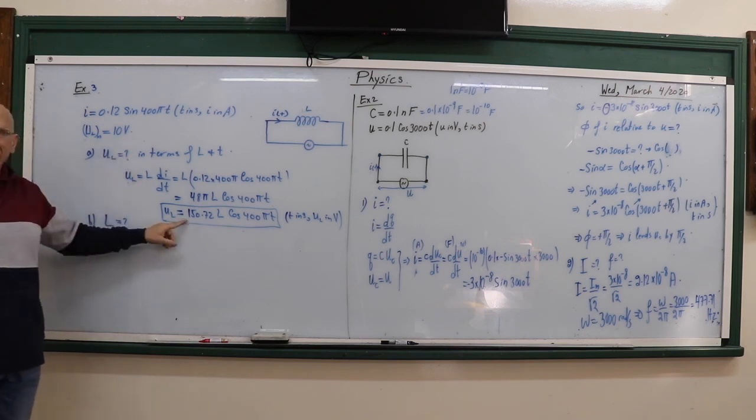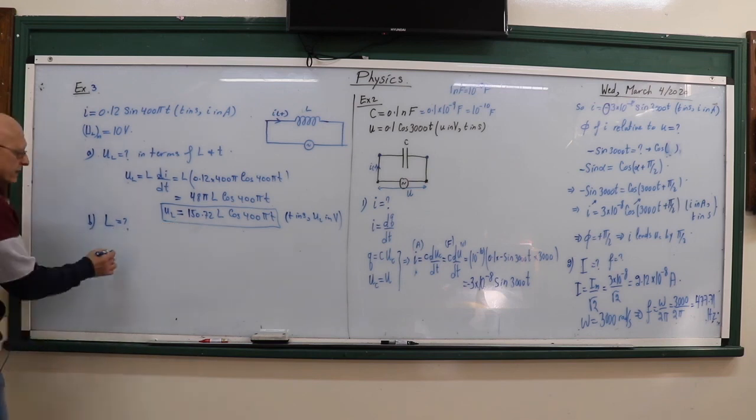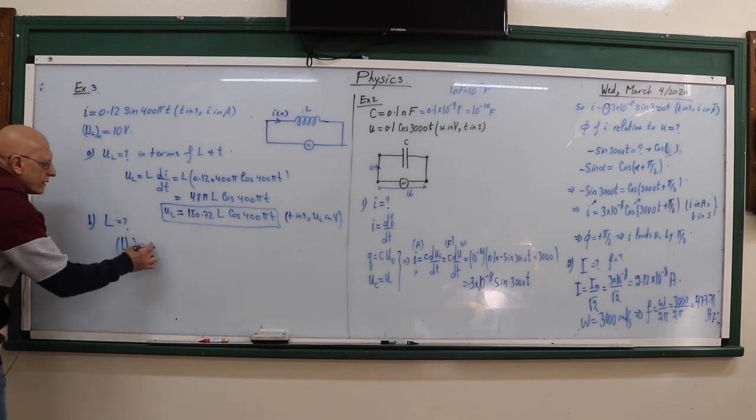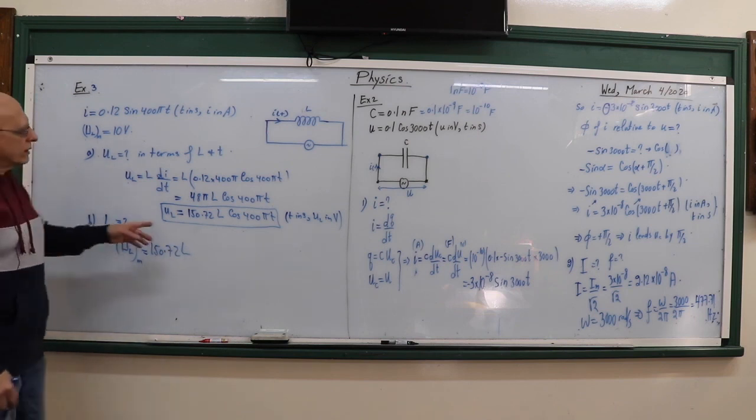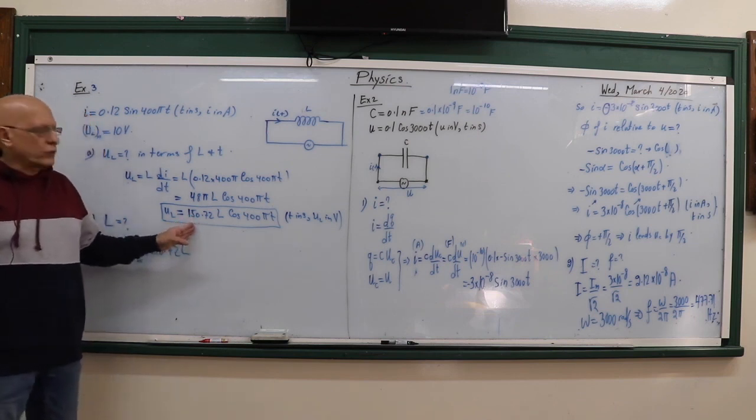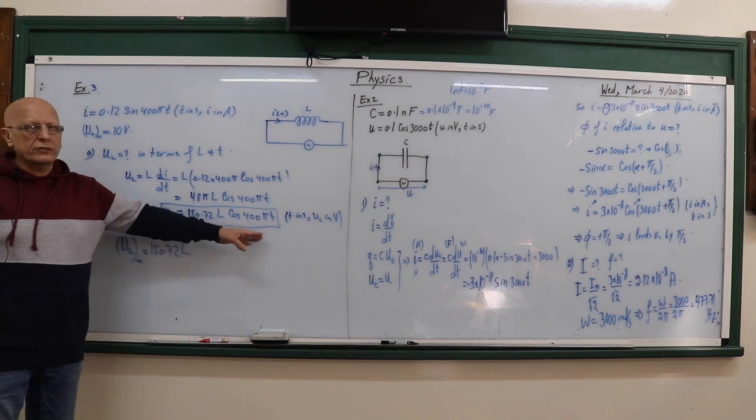So, who can tell how much is UL maximum? In reality, UL maximum is 150.72 L. Why? Because this is in the form UL maximum cosine omega t.